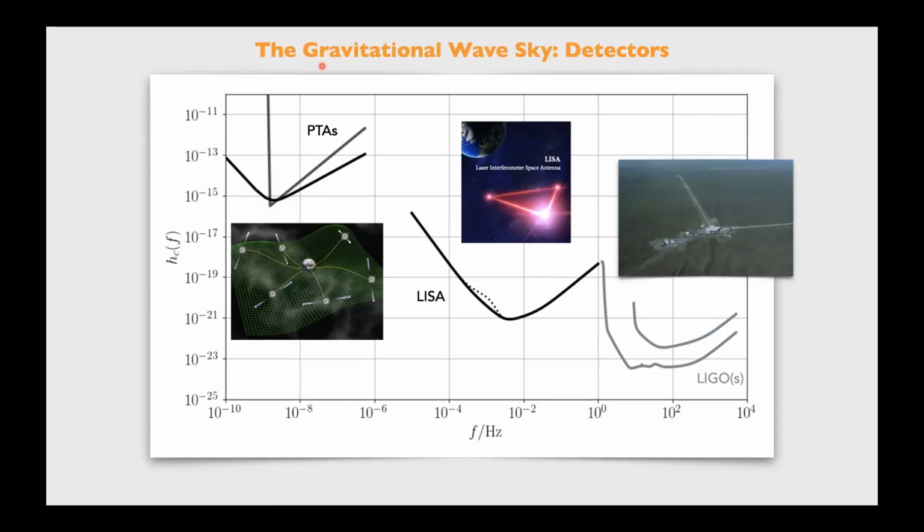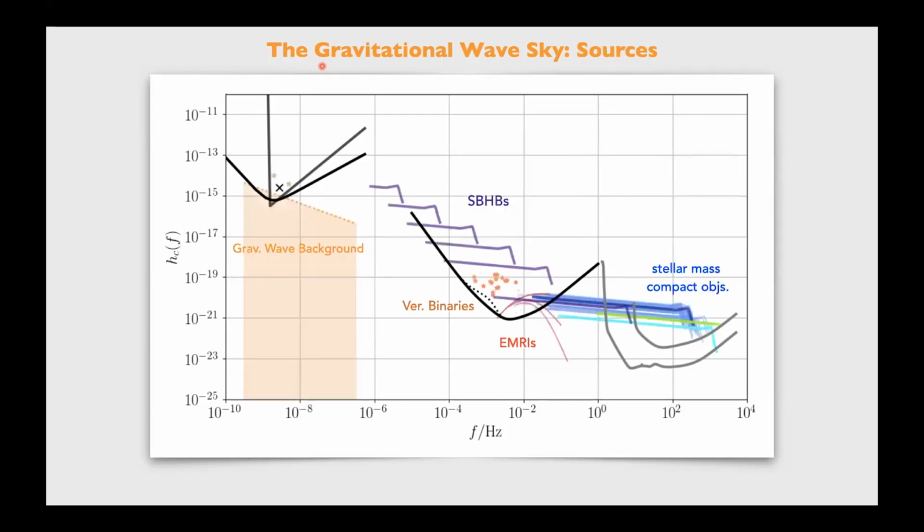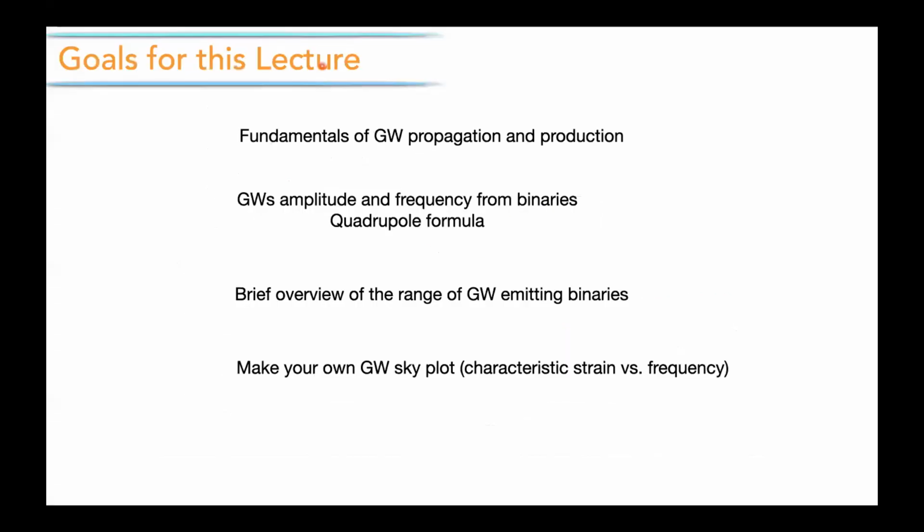So we'll get more to this throughout the week, and we'll get more, as I said, to the different sources of gravitational waves. But to back up, what I want to go over are some really just fundamentals and how we get there. So throughout this lecture, what I hope we get to is fundamentals of gravitational wave propagation and production.